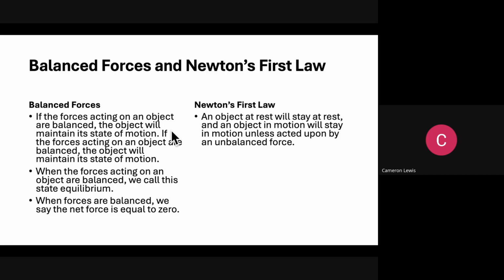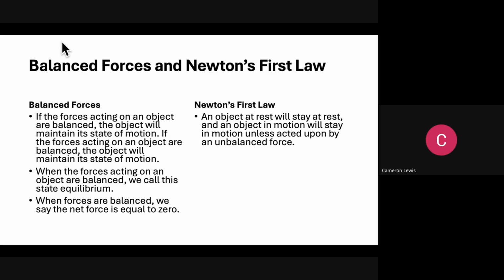That's what it means. And to be honest with you, balanced forces, what I just said, all these things, we just threw together in one sentence to create Newton's first law. An object at rest will stay at rest, which means that the net force is equal to 0 when the forces are balanced. Or the same thing, an object in motion will stay in motion. The net force is equal to 0 because the object is balanced. It will maintain a state of motion. That's what we talked about with inertia.